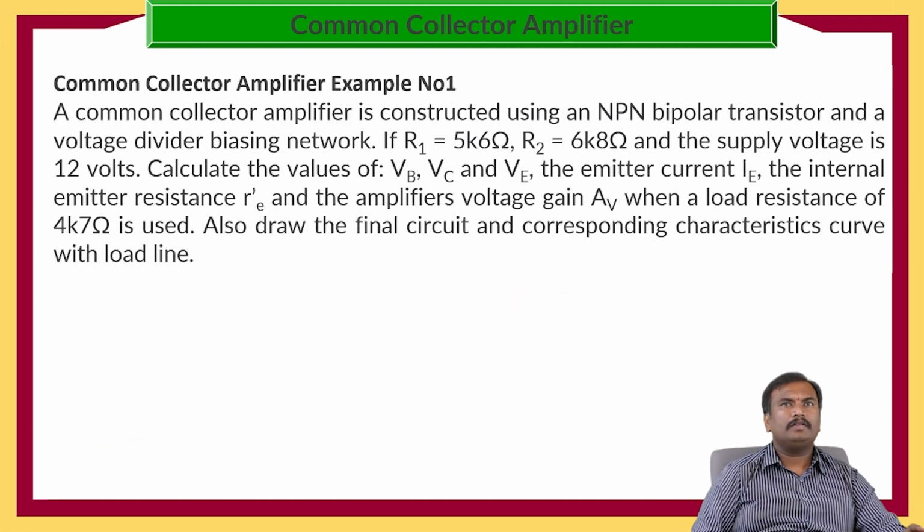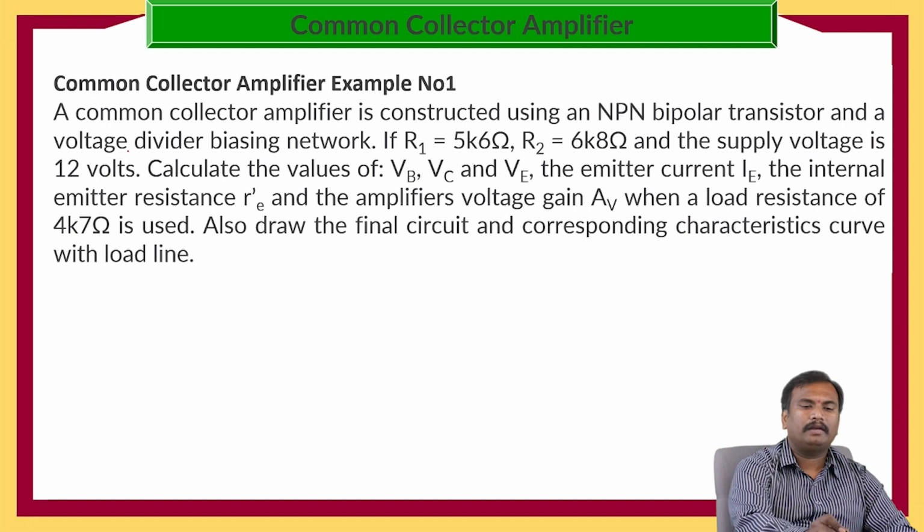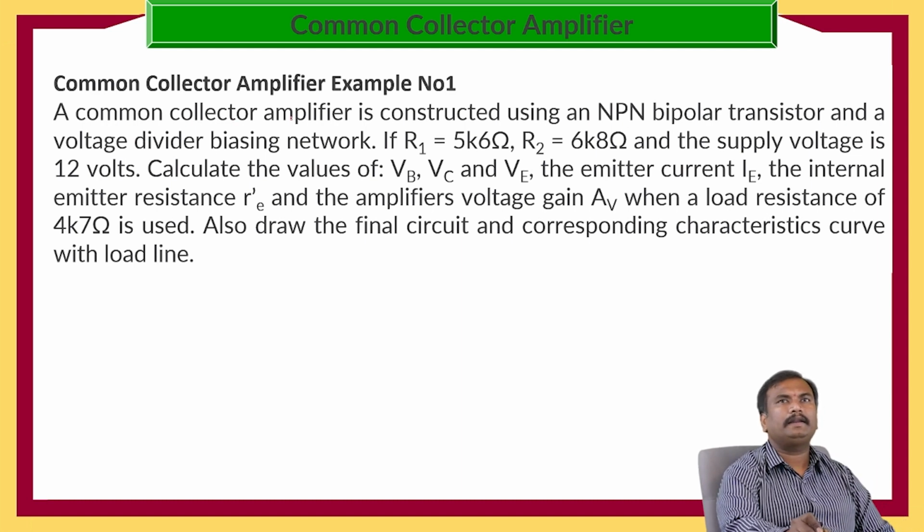Now we'll go with one example. A common collector amplifier is constructed using an NPN bipolar transistor and a voltage divider biasing network.